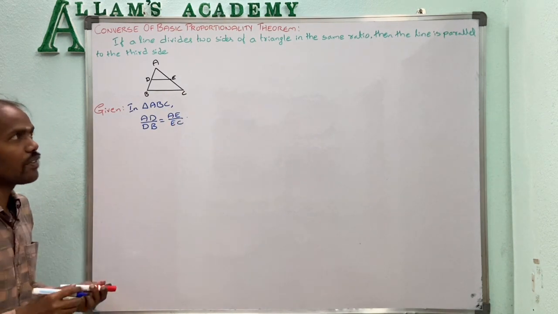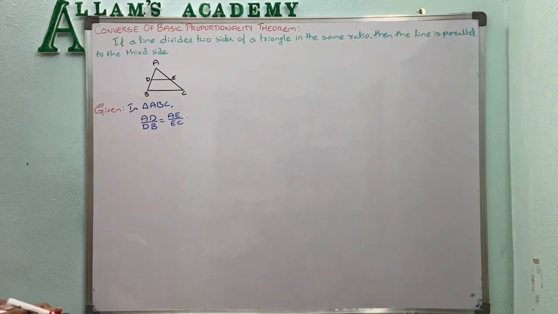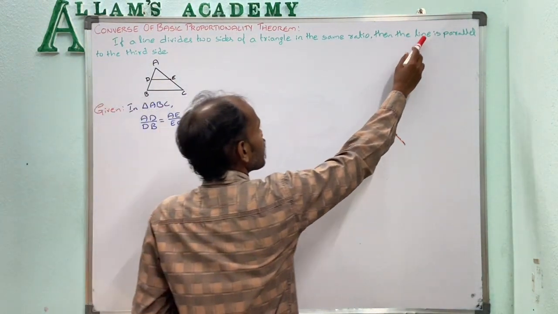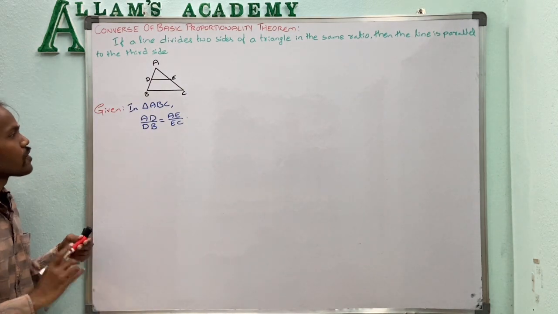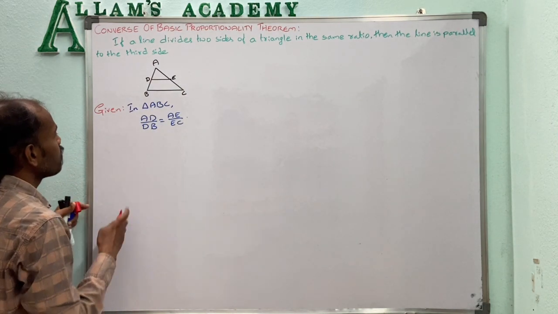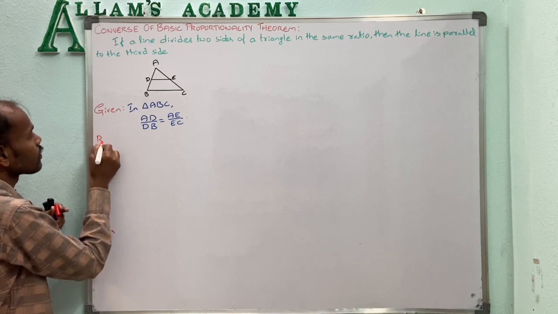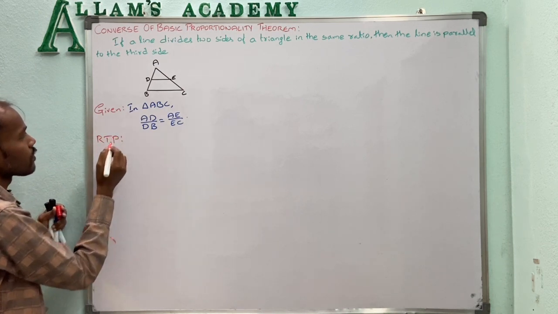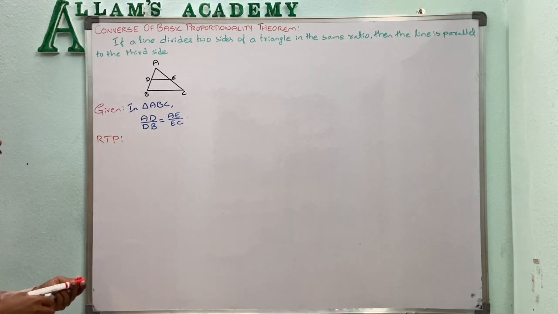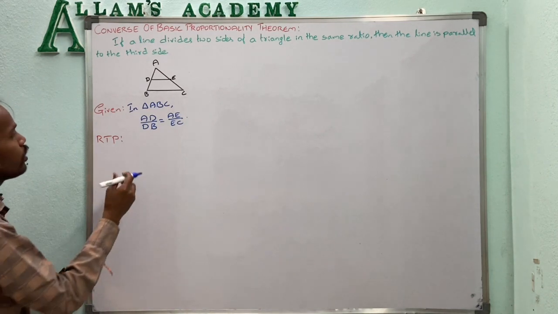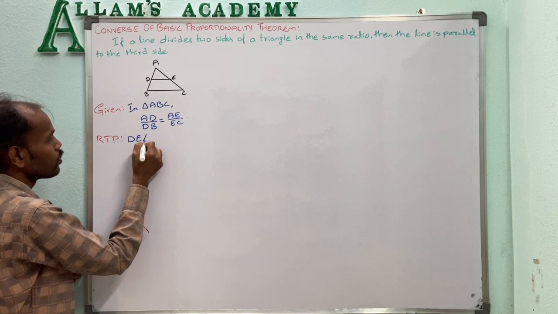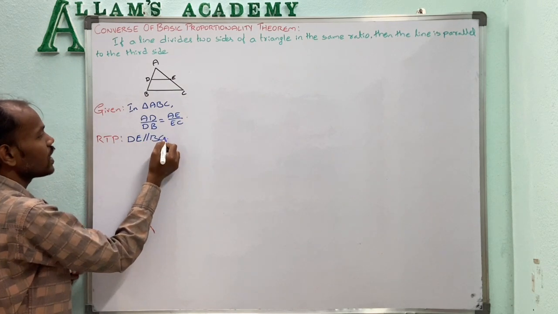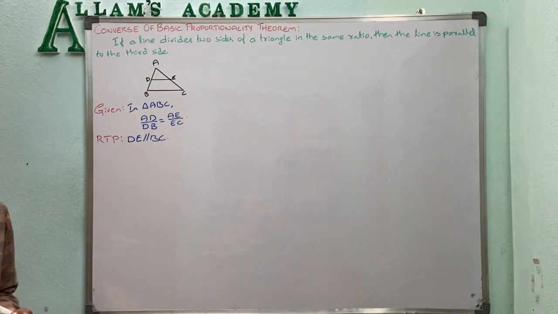That is given. Now we have to prove that the line is parallel to the third side. So the RTP is DE is parallel to BC. That one we have to prove.